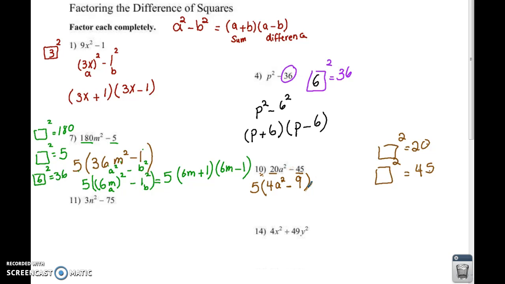Okay. Now we need to make it in the form of a squared minus b squared. What base to the power 2 equals 4? 2. So 2a all squared minus what base to the power 2 equals 9? 3.